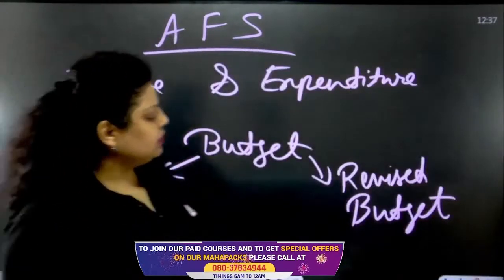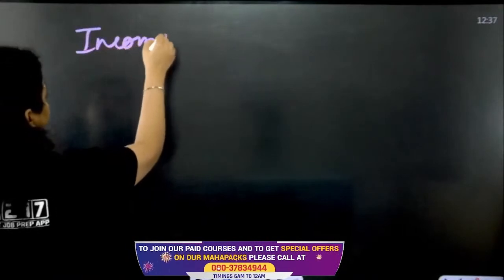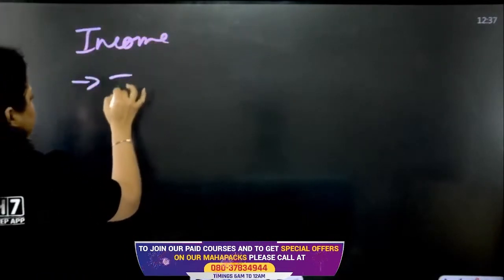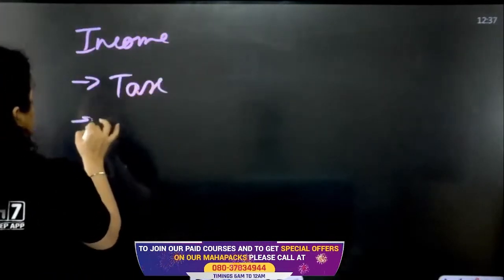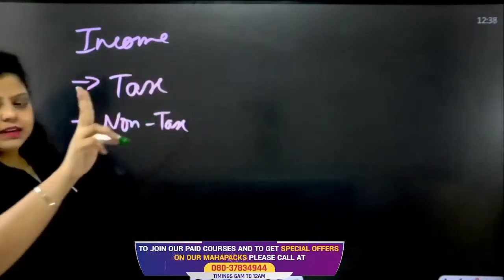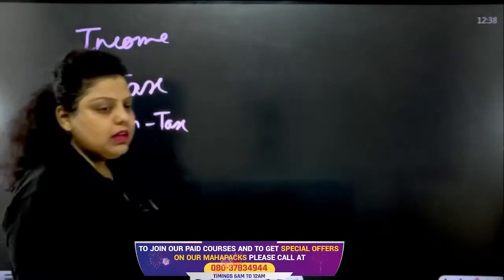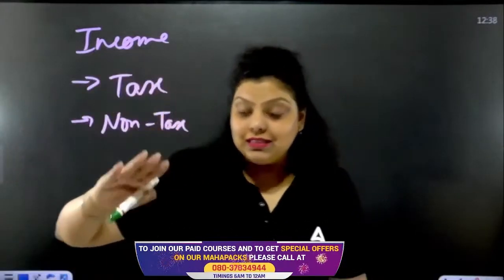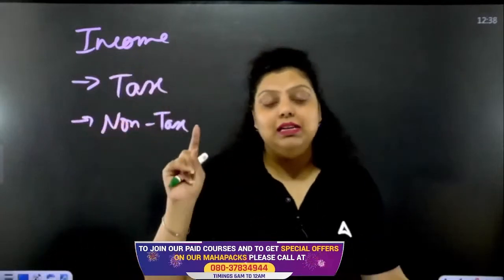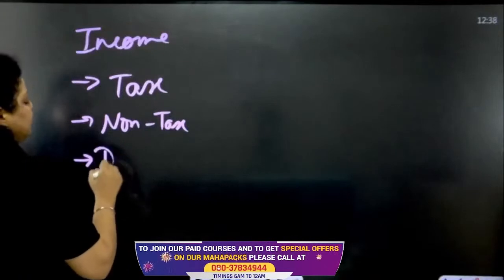Now if we talk about the budget, the sources of income for the Government of India are of almost four types. First, the government earns money from tax, and second, from non-tax services. Tax means direct tax and indirect tax, both will be covered. In non-tax, fines, penalties, challans, etc. will be covered. Then we have debt receipts.